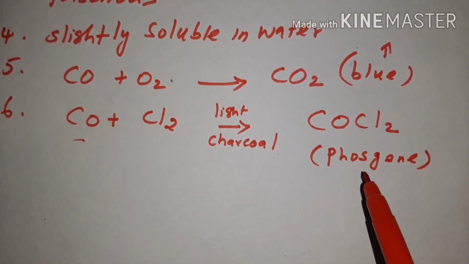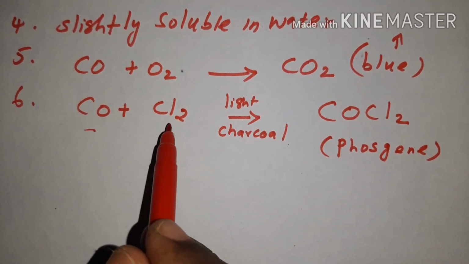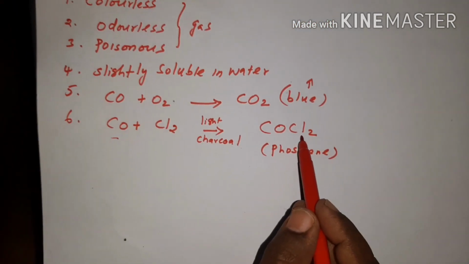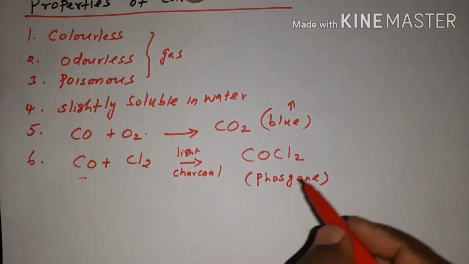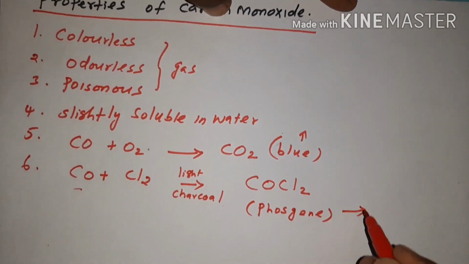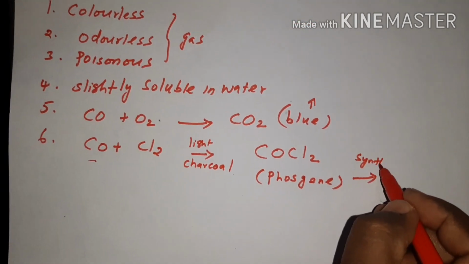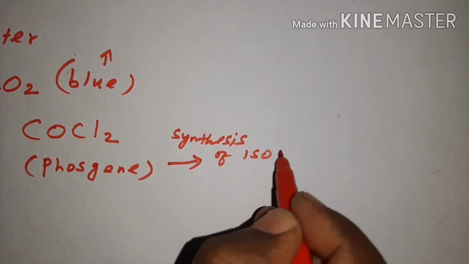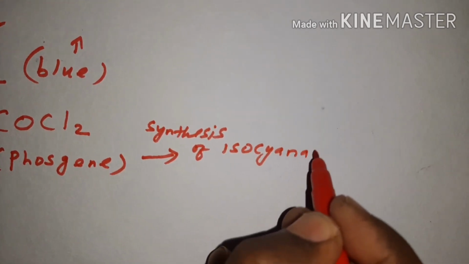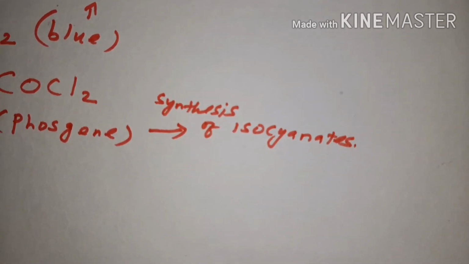In organic chemistry you studied carbon monoxide reacting with chlorine to form carbonyl chloride. It is called phosgene. This phosgene is used for the synthesis of isocyanates. Right? Hope you understood.